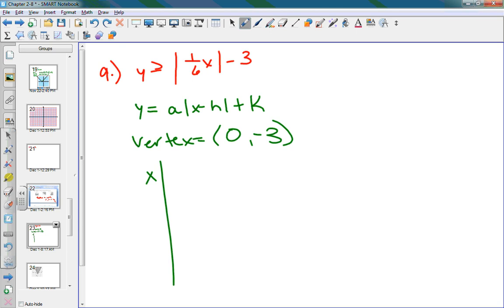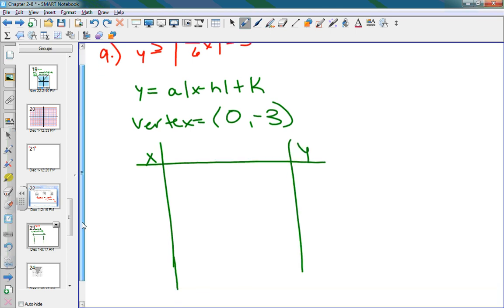So now I'm going to pick values for X that are equal distance from 0 on the positive and the negative side. So what type of number should I choose for X here? Negative 6 works, not negative 3. Why does negative 6 work but not negative 3?